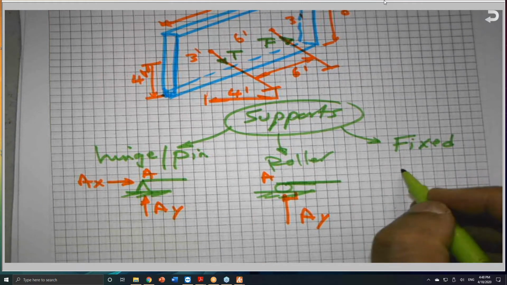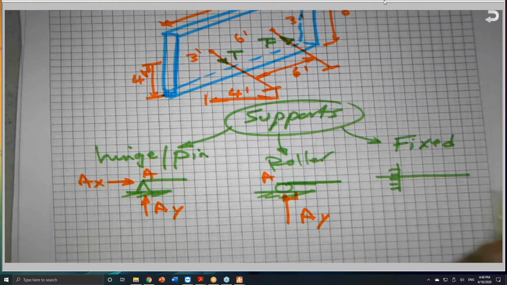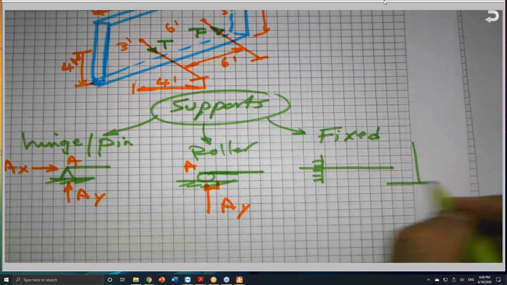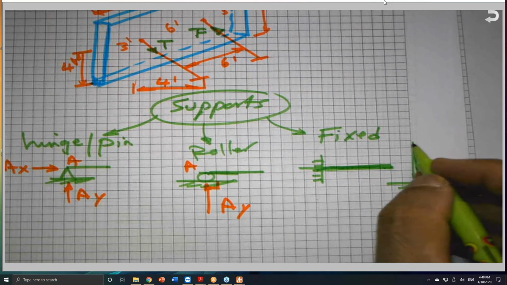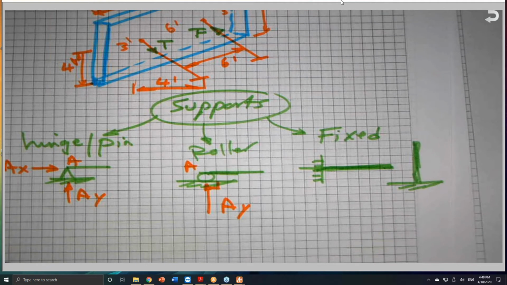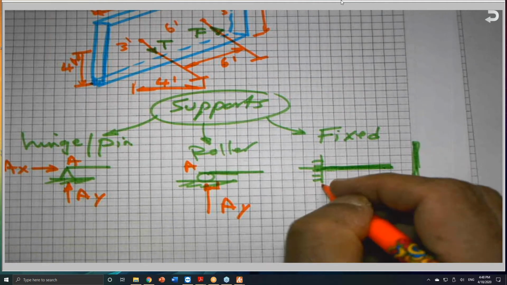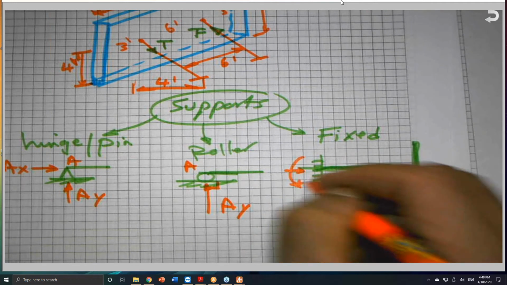The fixed is like this, totally fixed, either horizontally or vertically. It could be a wall, or it could be a beam. For the fixed end condition, we have 3 unknowns: horizontal and vertical, and what's known as a fixed moment.